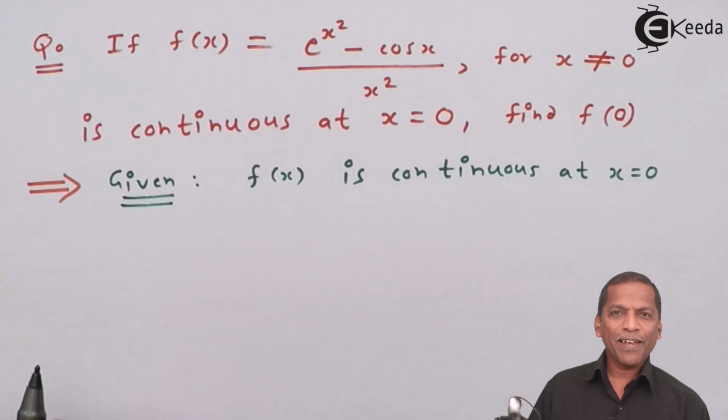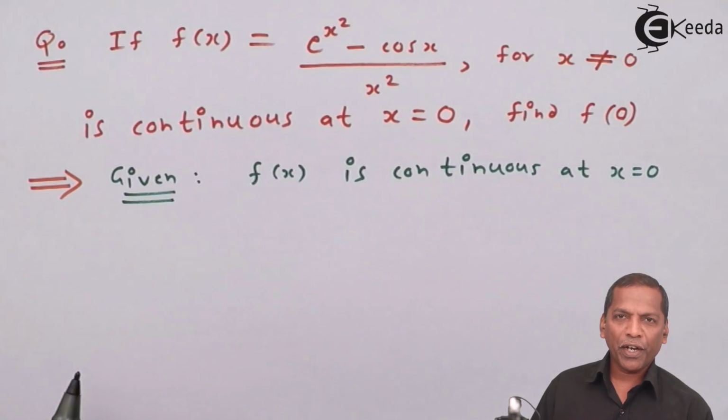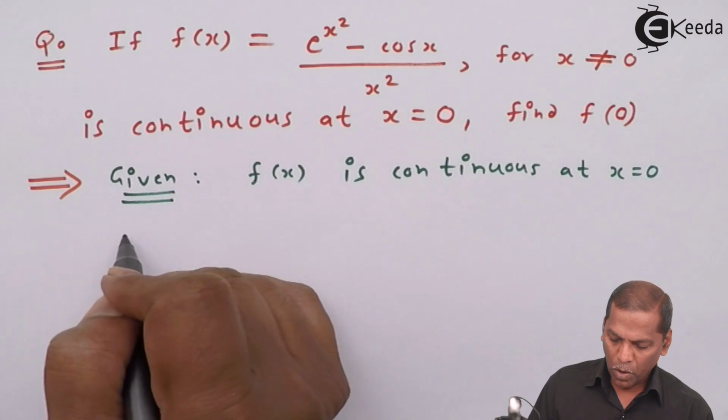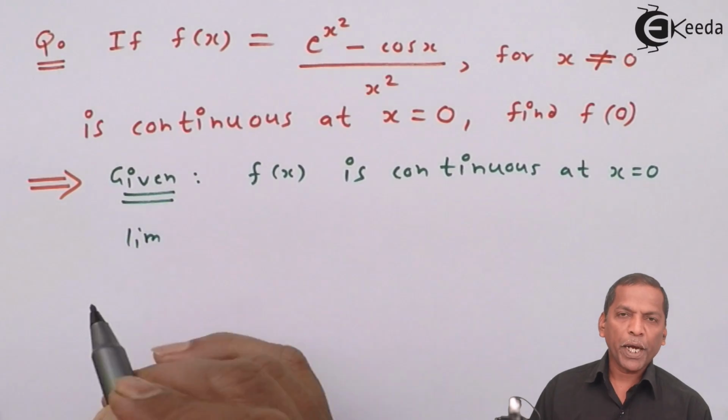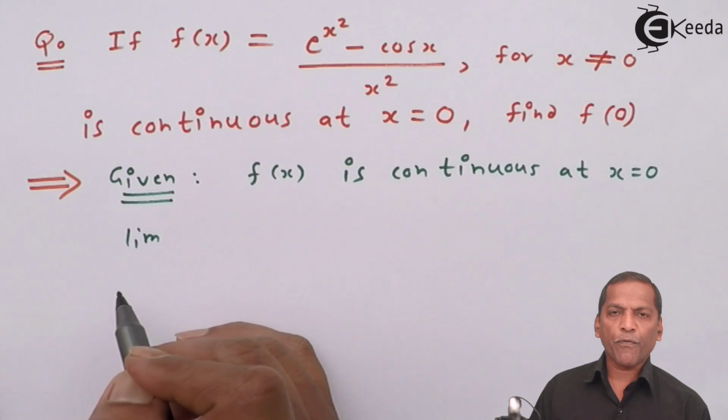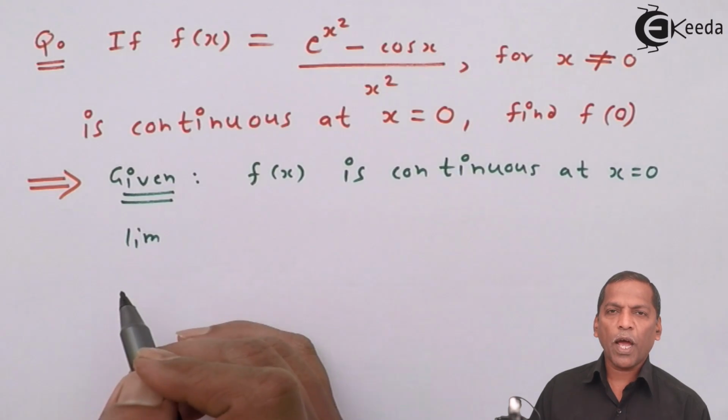Therefore, by using definition of continuity, we have limit x tends to 0, f of x is equal to f of 0.